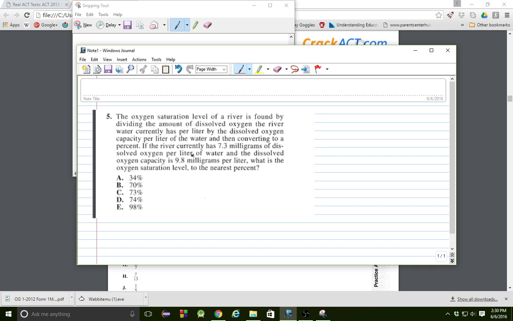Okay, so in order to do this, let's read that again. The oxygen saturation level is found by dividing the amount of dissolved oxygen the river water currently has per liter by the dissolved oxygen capacity per liter of the water, and then converting to a percent.